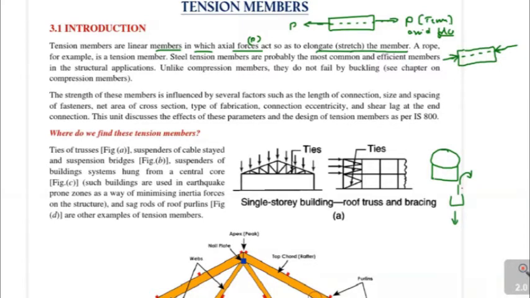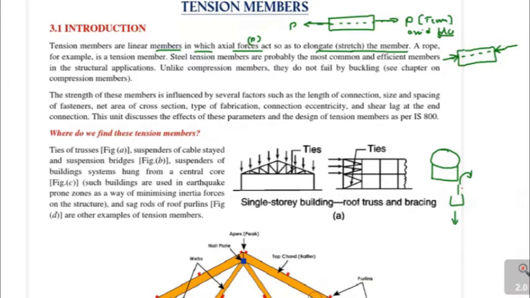Another example can be this. If you are trekking on a mountain, you fix the rope to the rock so that in case you fall or tend to fall, the rope is going to hold you.